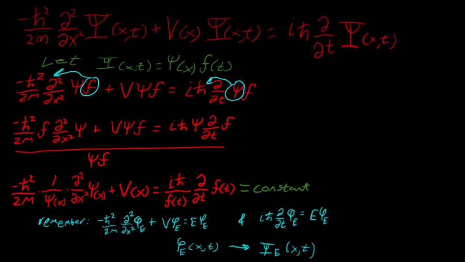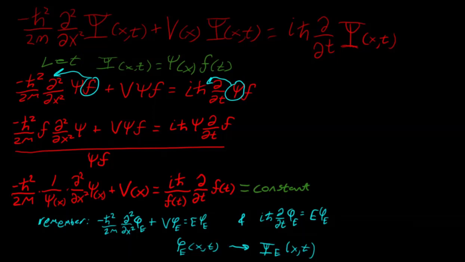Otherwise, if say the right side was not equal to a constant and we changed t and didn't change x, the equation wouldn't hold anymore. Same thing for changing x and not t. So the only way this equation can work is if both sides are equal to a constant.